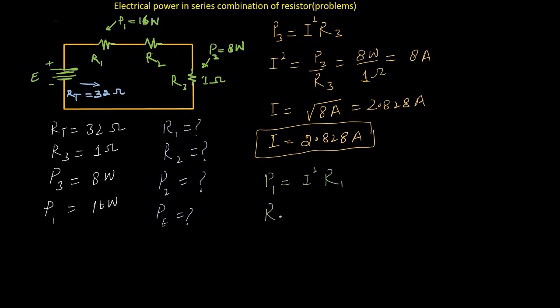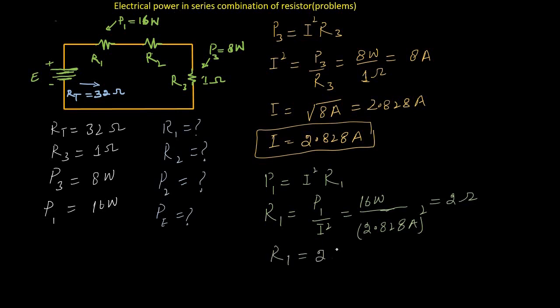So R1 is equal to P1 divided by I squared, which is 16 watts divided by 2.828 amperes whole squared. The resulting resistance of the first component is 2 ohms.